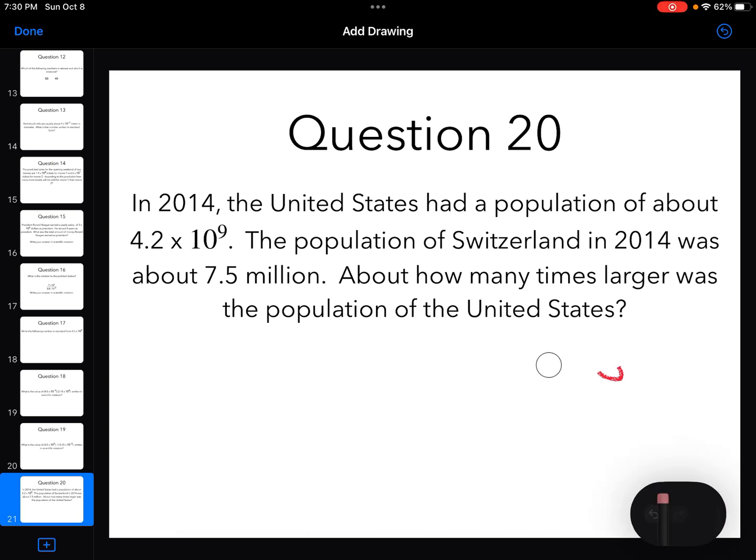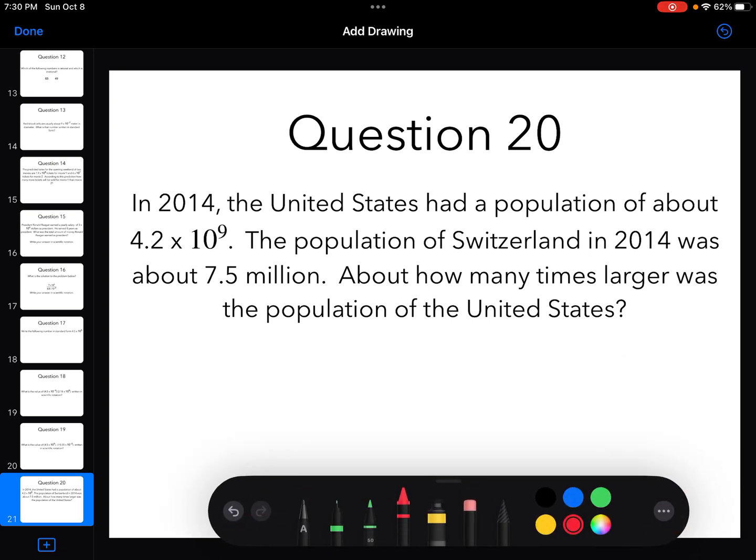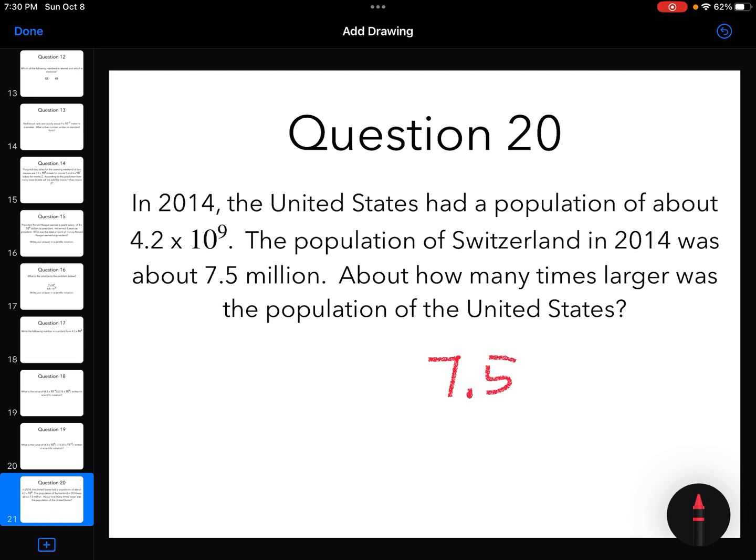Let's think about how we should better do this. Okay, so we've got 7.5, right? That's 75, 750, 7,500, 75,000, 750,000, 7,500,000.